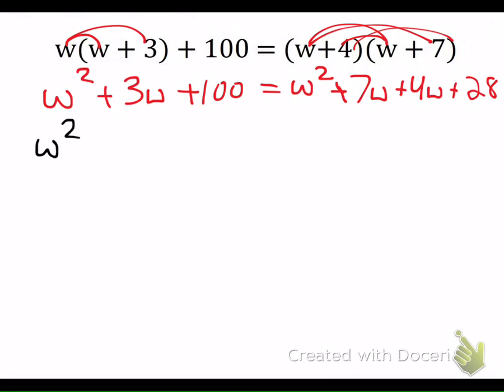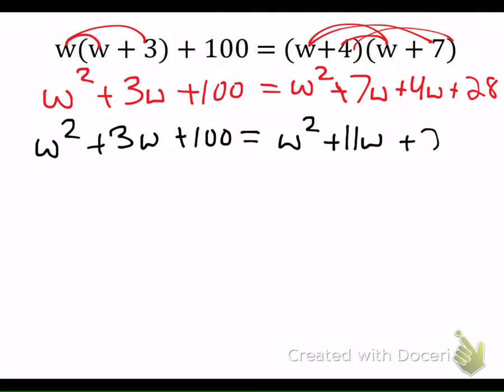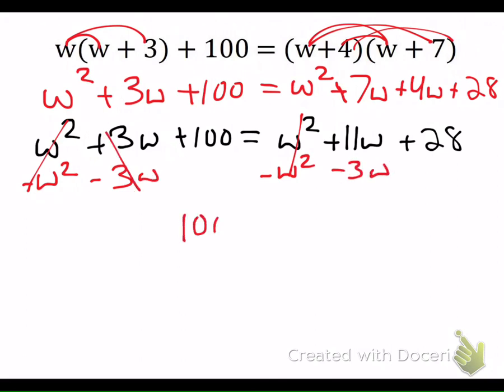I have W squared plus 3W plus 100 equals W squared plus 11W plus 28. The W squareds are going to go away. I'm also going to subtract 3W. I have 100 equals 8W plus 28.